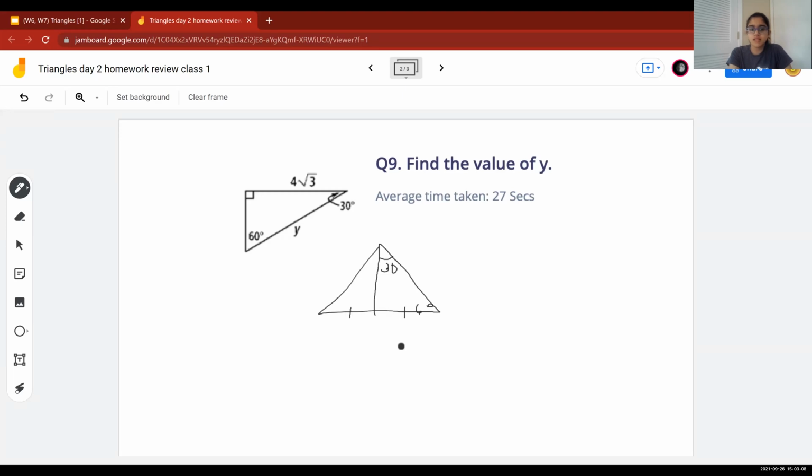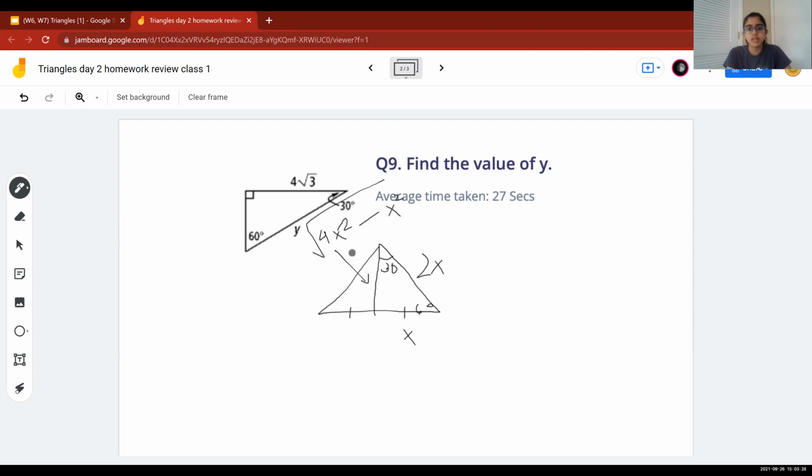So that would mean that this is x, then this is 2x. Then that would mean, using the Pythagorean theorem, we could find this to be the square root of 4x squared minus x squared, which is equal to x radical 3, right?